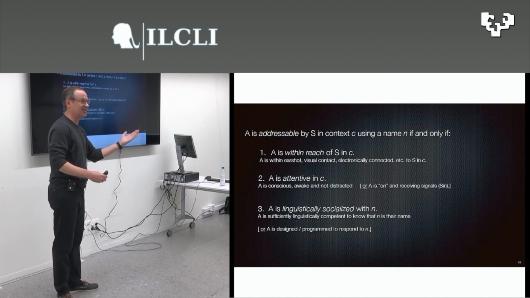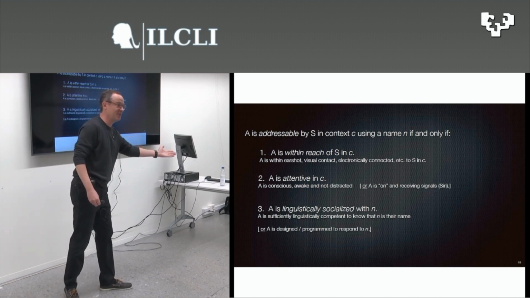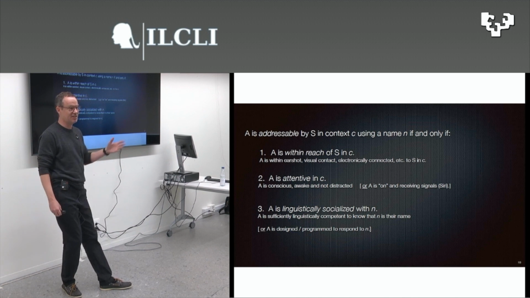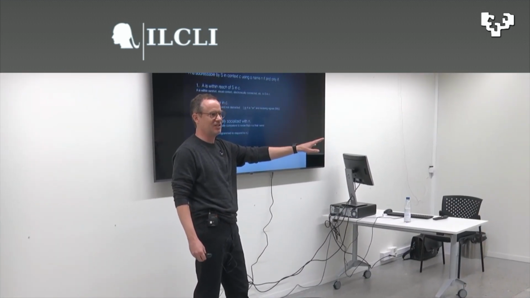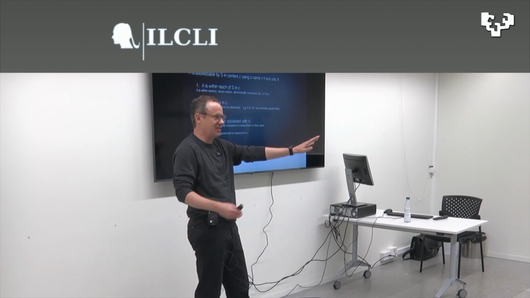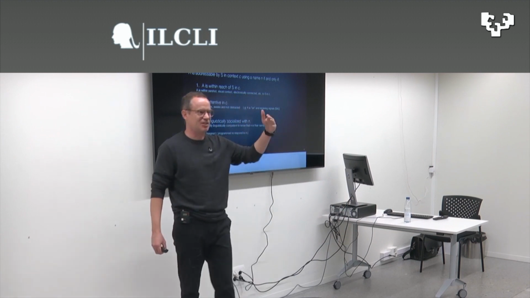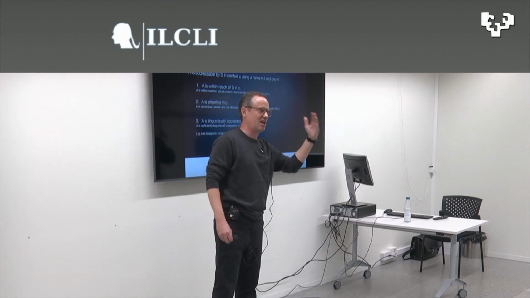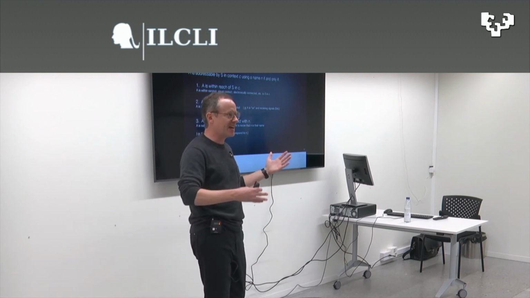So if he's in a coma and I address him, that's not a successful act of address. He's not addressable in that case because he's not awake. He's unconscious. Okay, so the addressee needs to be within reach, but also conscious, awake, not completely distracted somehow.